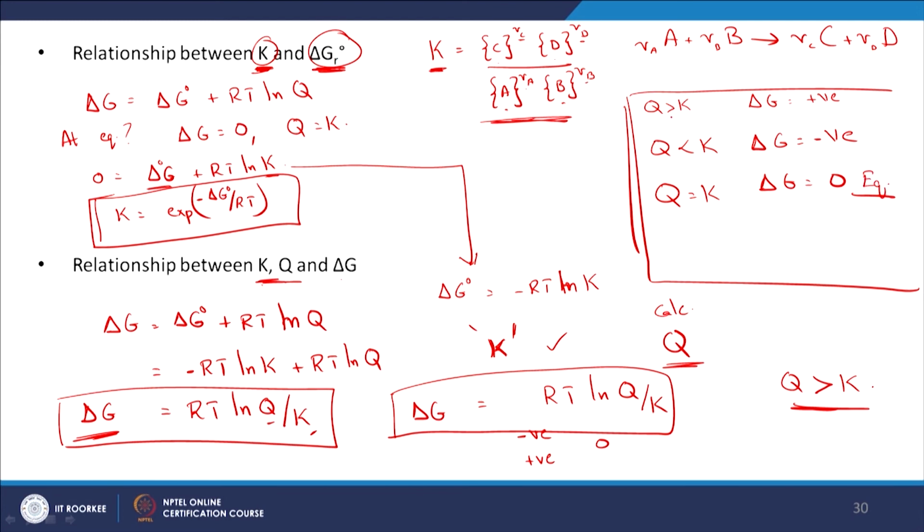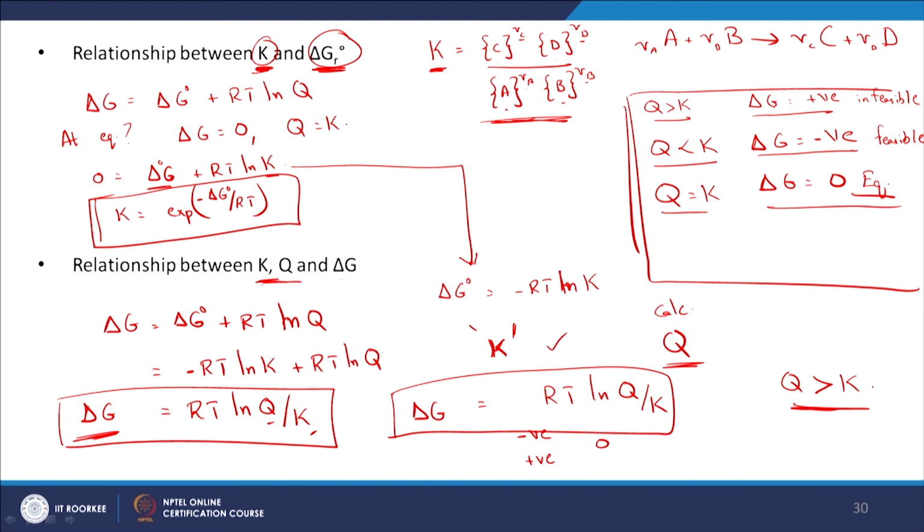So in the same case again, when Q is greater than K, you know that the reaction is infeasible, that's what you see, delta G is positive. Again when Q is less than K, delta G is negative, so the forward reaction is feasible. And again here we have the 3 cases, right.